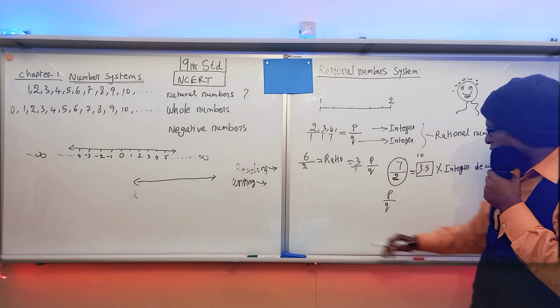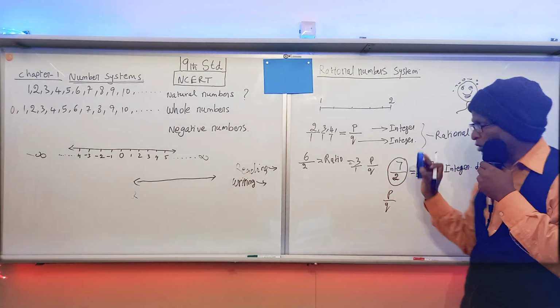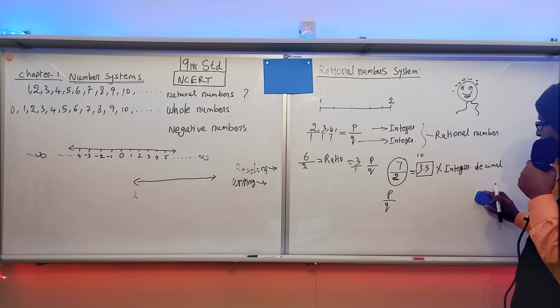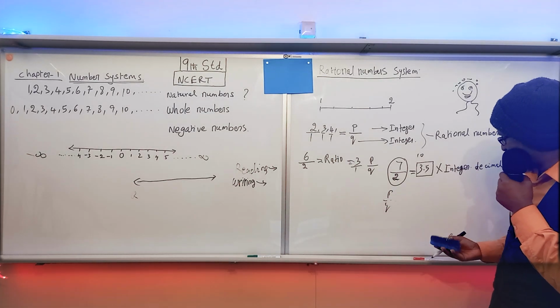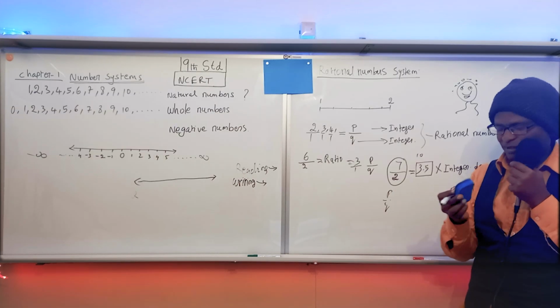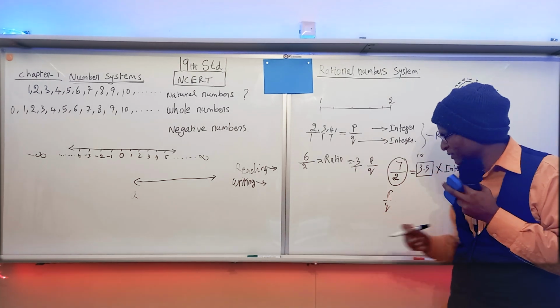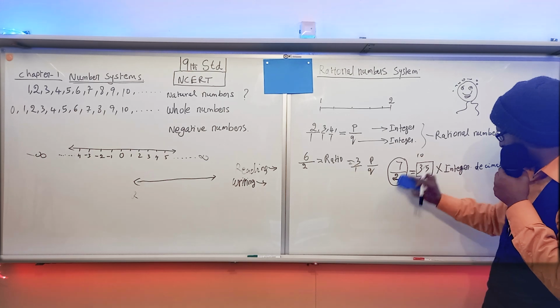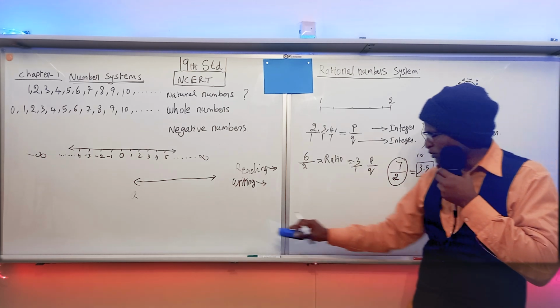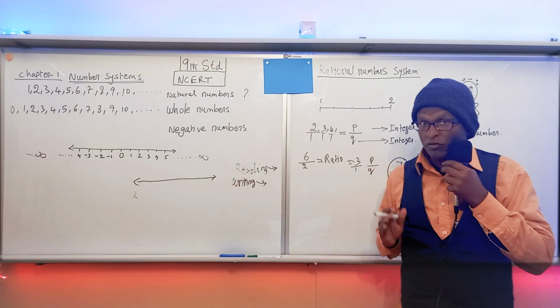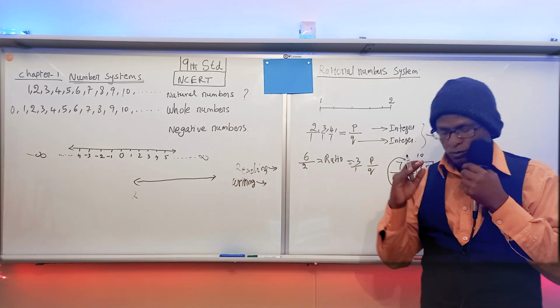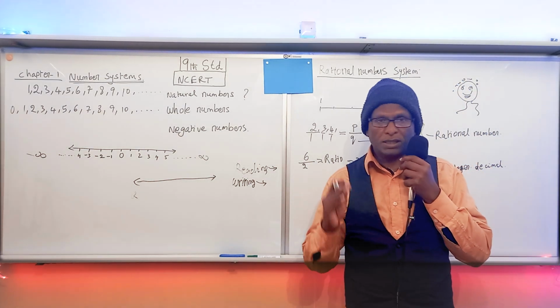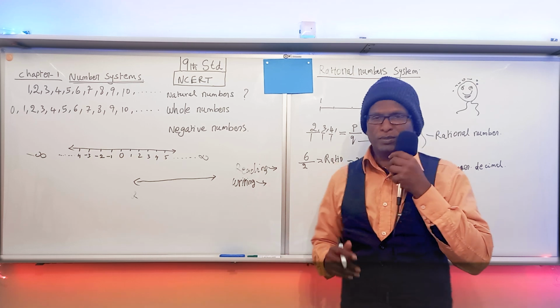Right, let me erase this. This is p by q, that is a rational number. Then comes a brilliant idea, which is really surprising when you go to advanced studies. It is called irrational numbers.